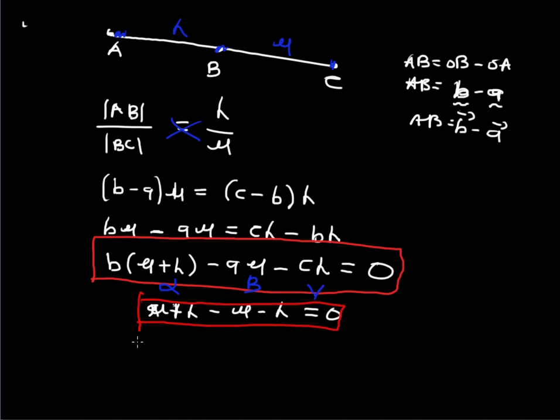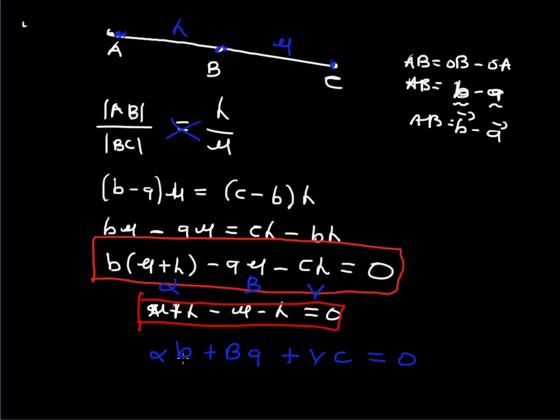So now this gives us the expression alpha B plus beta A plus nu C is equal to 0.